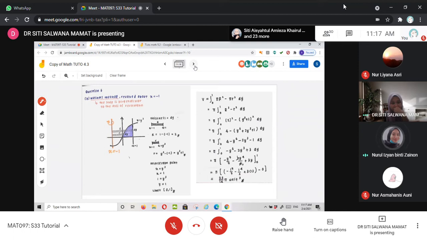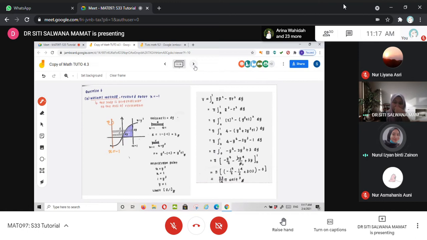So to find the limit, we need to find the intersection point. So the limit is 0, 1. So the equation will be volume is equal to pi capital R square minus pi small r square dy.